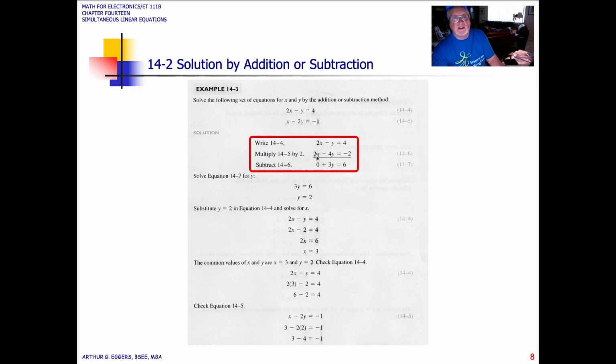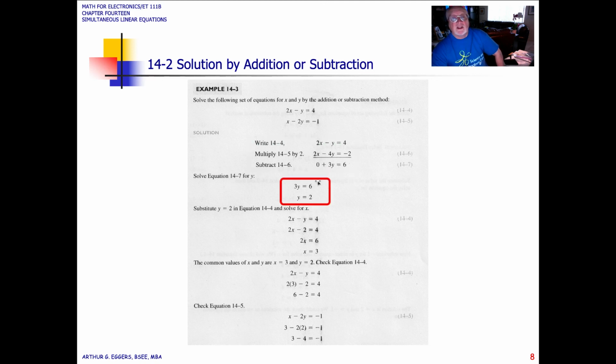So the 2x's cancel, we get 0, and we're left with 3y is equal to 6. You notice that they normalized the negatives here. Since we had negatives on both sides, we simply normalized them.